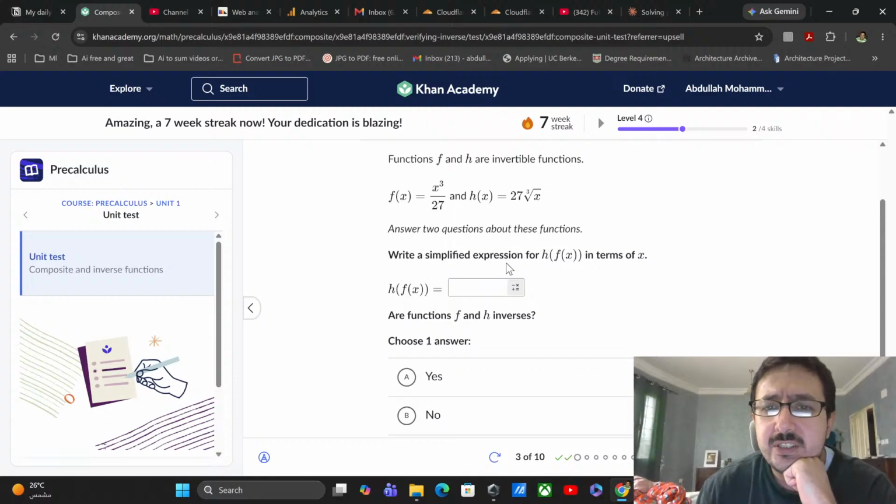Try to simplify the expression for h of f of x in terms of x. h of f of x. I got this one, f of x plugged here.